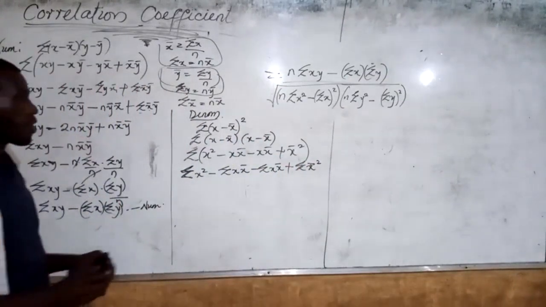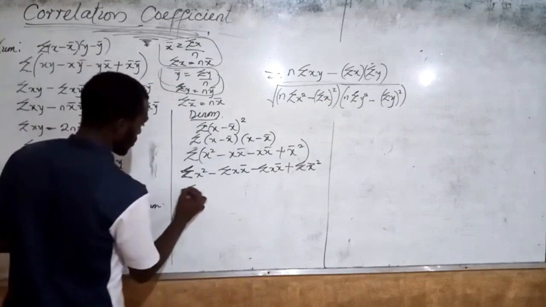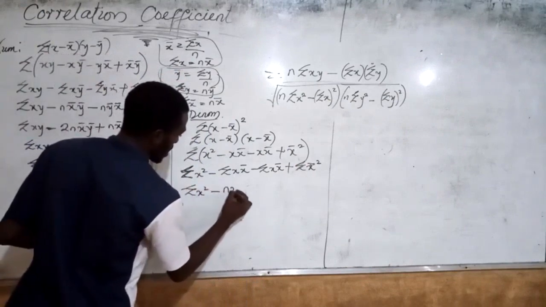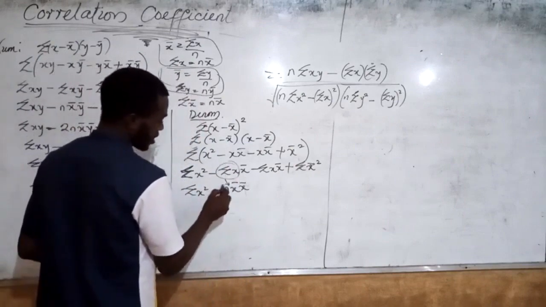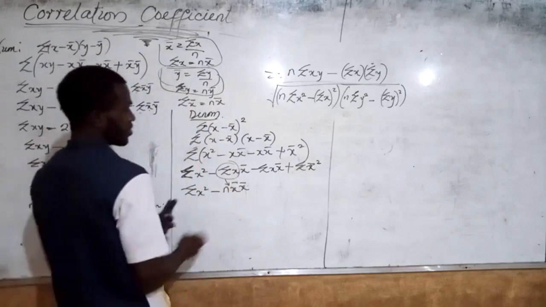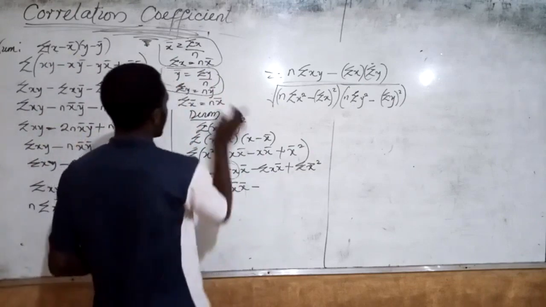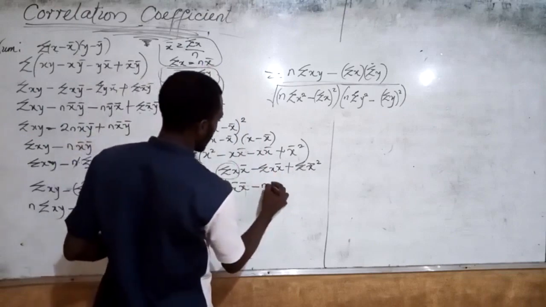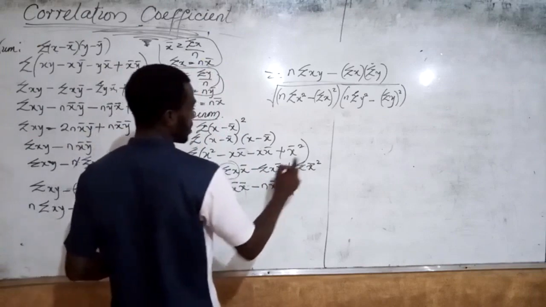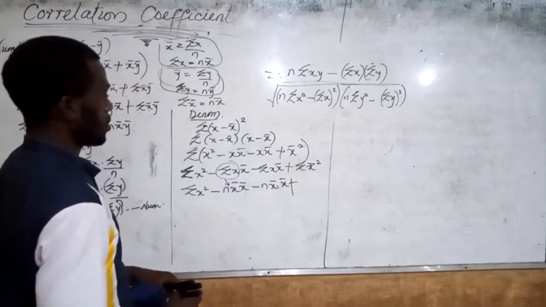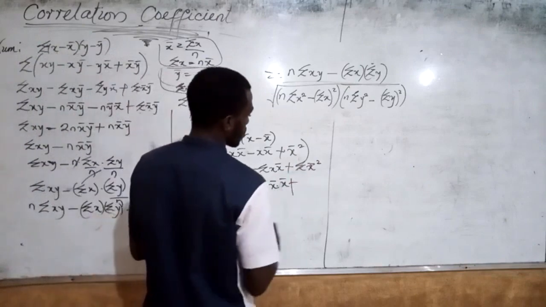Okay, so recall that summation x here was n x bar, right? So we have summation x squared minus n x bar times x bar. This gave us n x bar from here. Then minus, the same applies to this, so that summation x is what? n x bar. So n x bar, then x bar, which was there initially, plus the other guy, summation x bar.